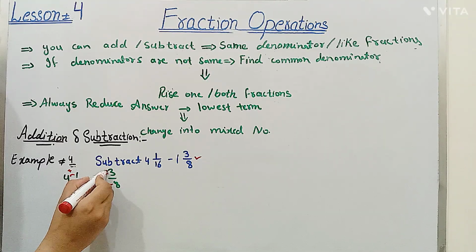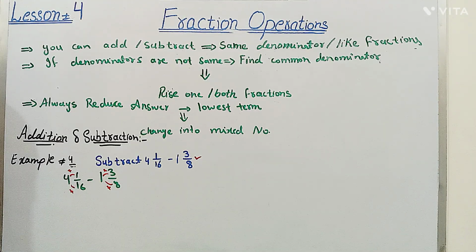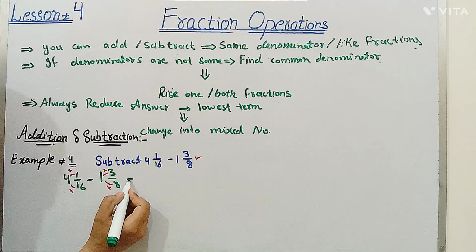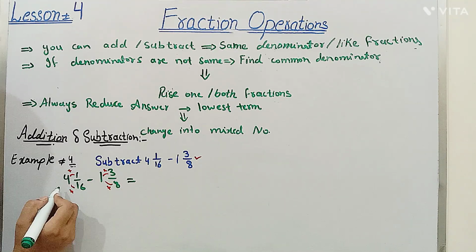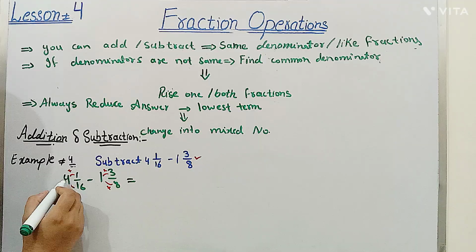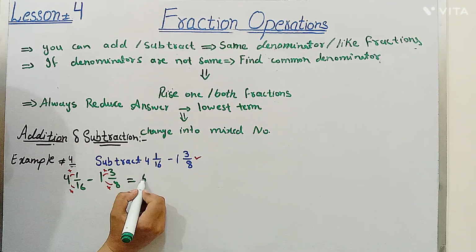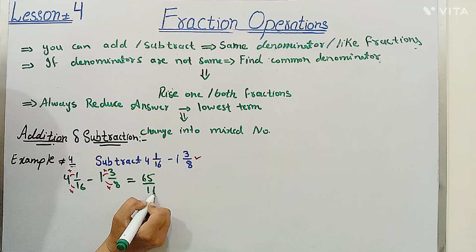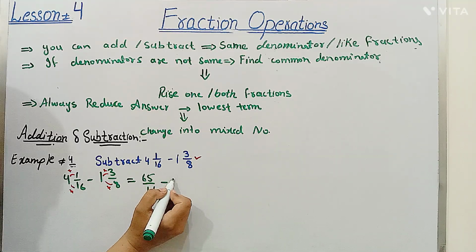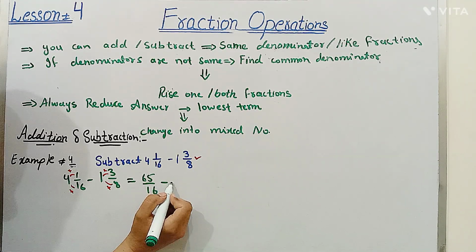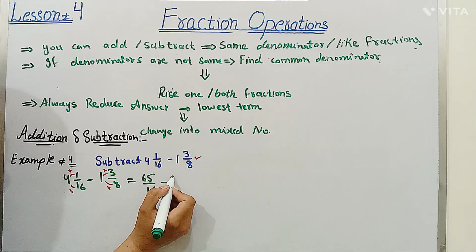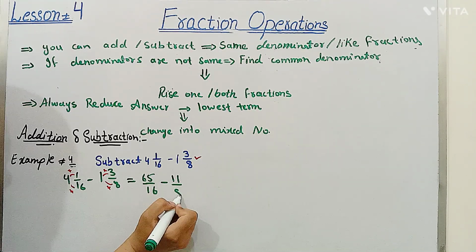Again we will multiply and then add. 16 multiplied by 4 is 64, and then plus 1, it will be 65 over 16, minus 11 over 8.